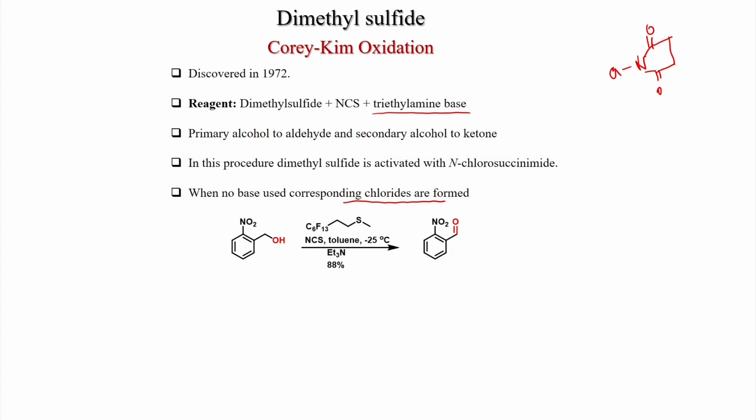So, here also we can discuss the mechanism. Here instead of DMSO you have dimethyl sulfide. So, dimethyl sulfide first reacts with N-chlorosuccinimide.